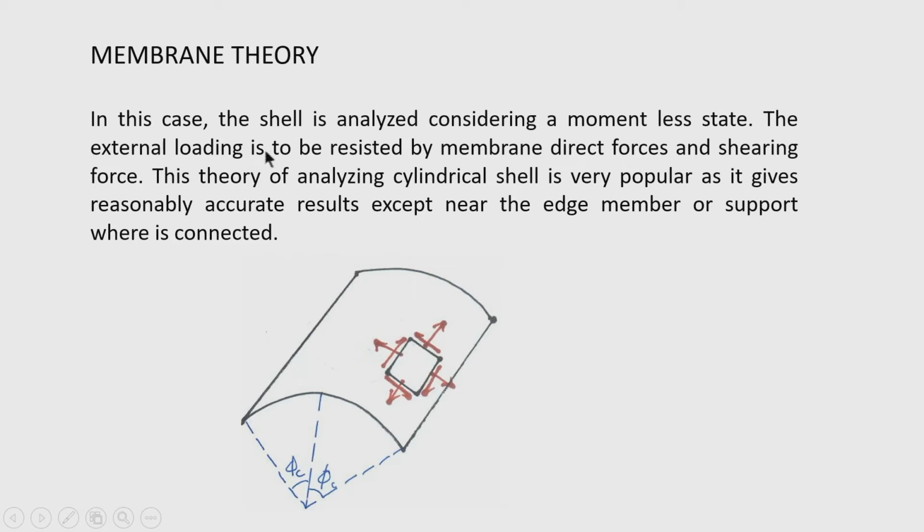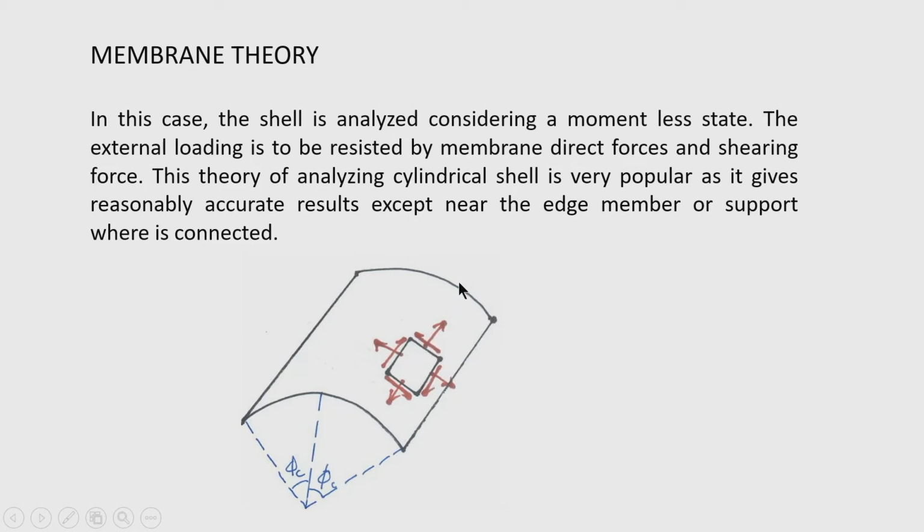The external loading is to be resisted by membrane forces, that in a shell element I have shown by arrow. These are the membrane shearing forces and these are the direct in plane forces or membrane forces that you can see.